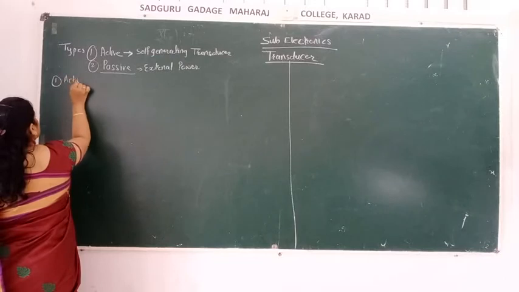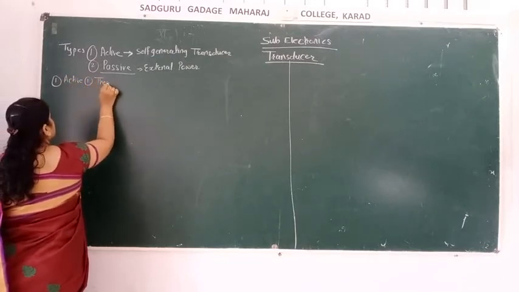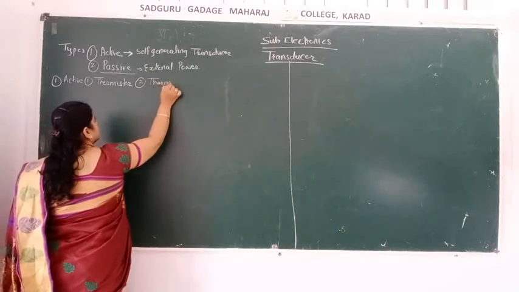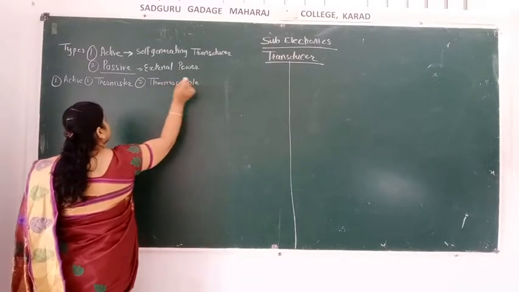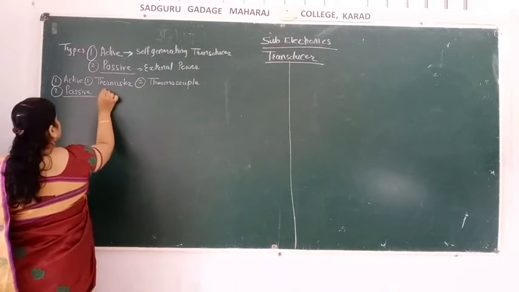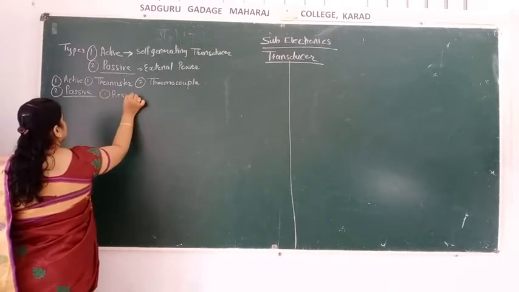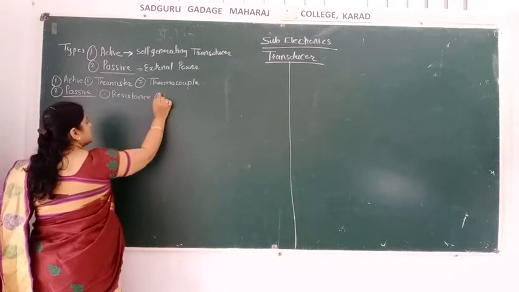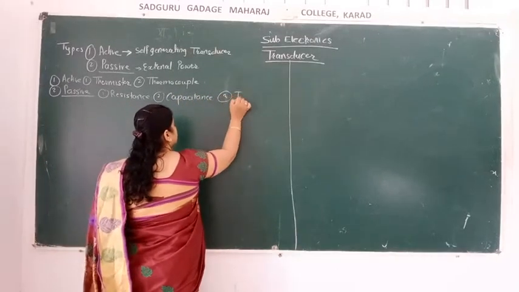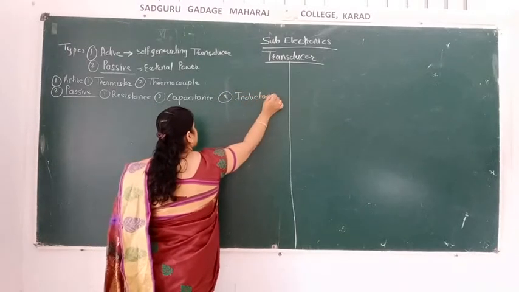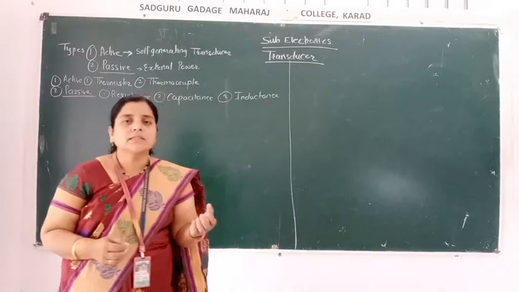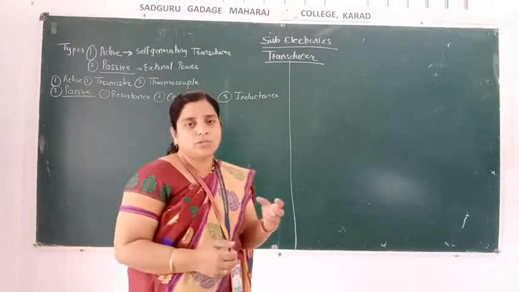So there are two types of transducer. In active transducer, again there are two types, that is the thermocouple and the second is the piezoelectric transducer. The passive transducer is again divided according to resistance, capacitance and inductance. Some transducers depend on the resistance, some on the capacitance, and some on the inductance.